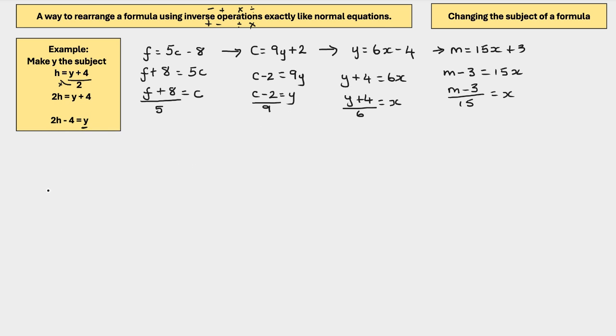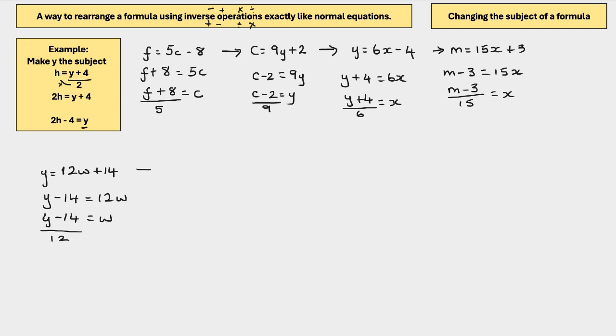I'm going to do a few more because I know people do get confused with this topic. And let's do, I want W to be the subject. So I want W on its own. Same again. Plus 14 becomes a negative. Equals 12W. They're stuck together, so we'll divide by 12 equals W.